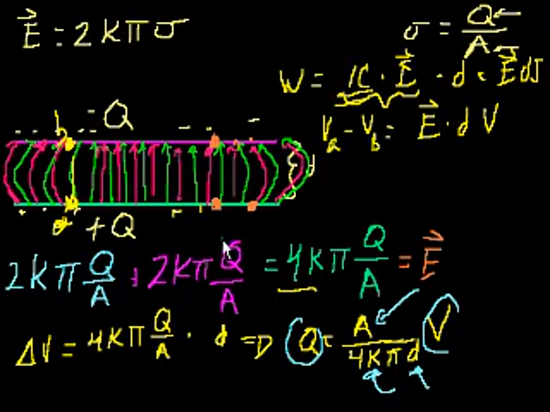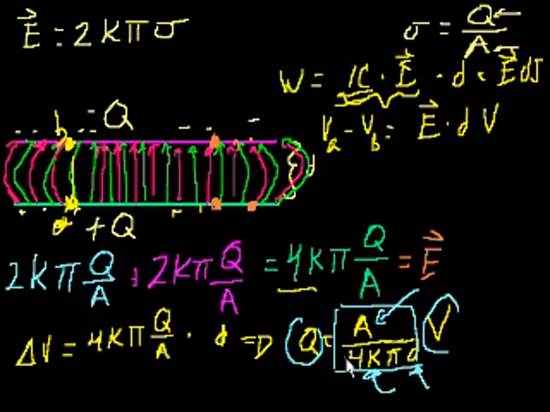Before doing this, maybe voltage is somehow proportional to the square of the charges or to the square root. But now we know that's directly proportional. And actually, this term right here has a name, and it is called capacitance.